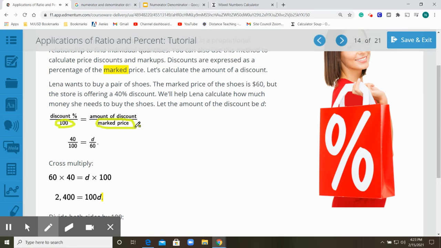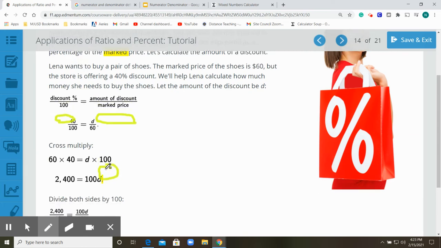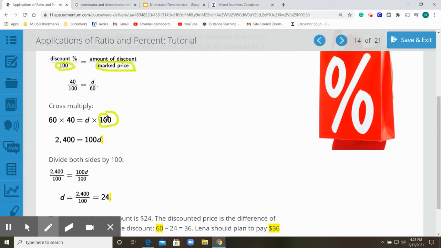Let the amount of the discount be D. Discount percent over 100 equals amount of discount over marked price. 40 over 100 equals D over 60. Cross multiply. 60 times 40 equals D times 100. 2,400 equals 100D.